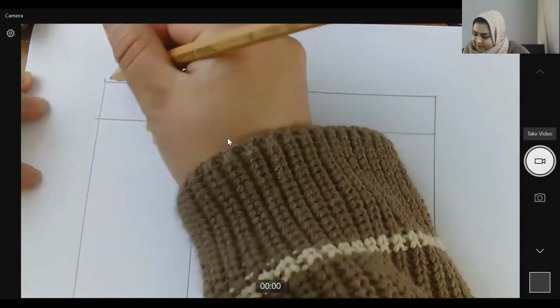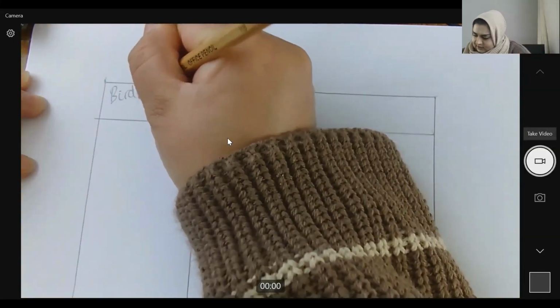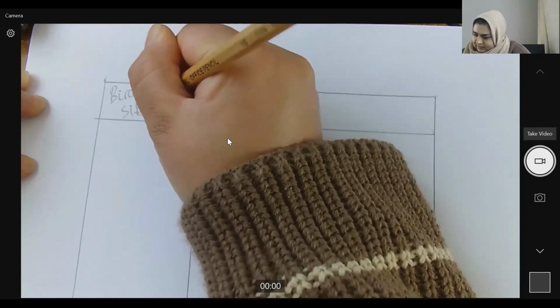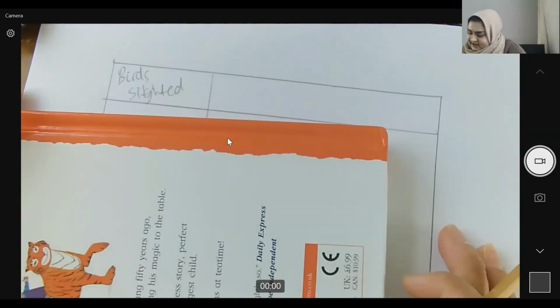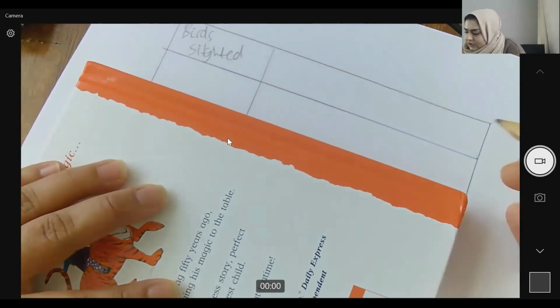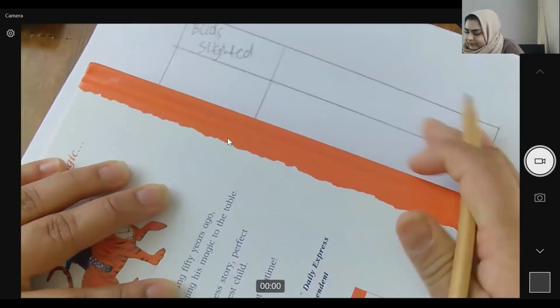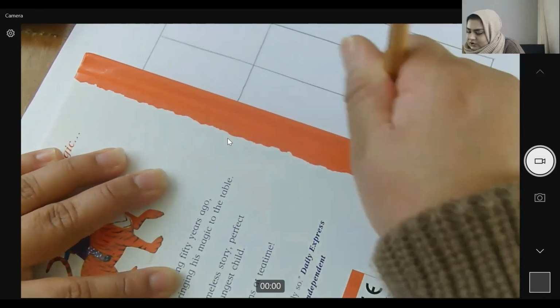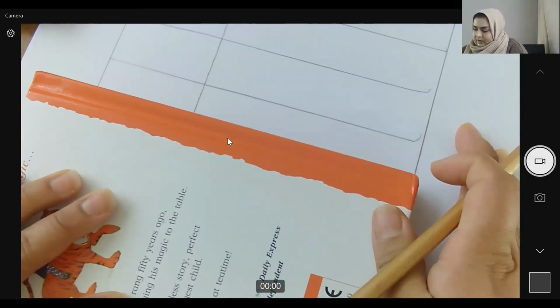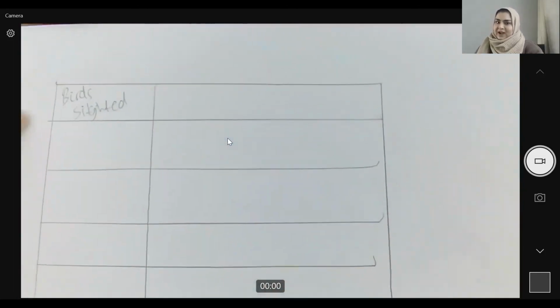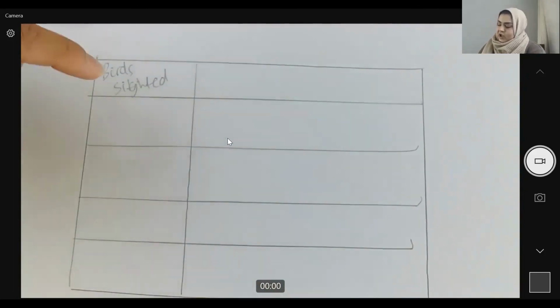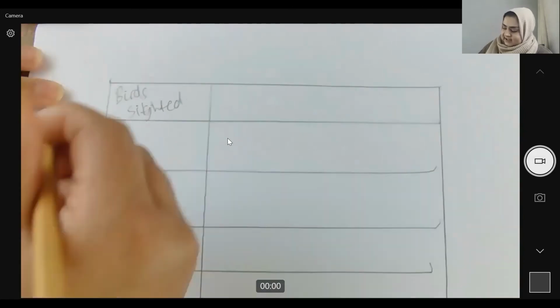So I'm going to write birds sighted, and then I'm going to split it into 4. So 1, 2, 3, and 4. And this is for activity 1. The 4 rows are just for activity 1.